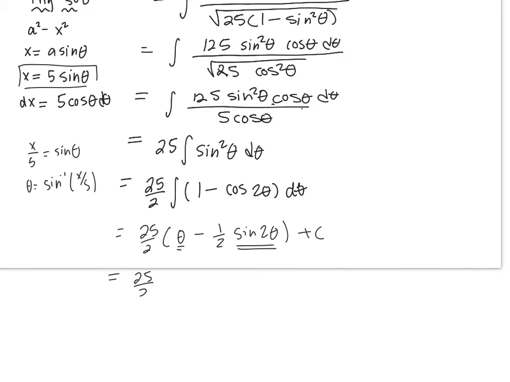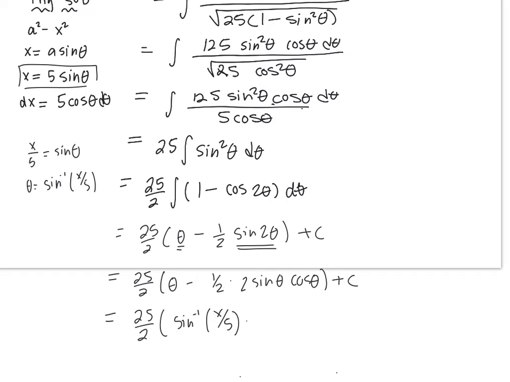You have to use this identity that sine of 2 theta is 2 sine theta cosine theta. And now this is 25 halves times sine inverse of x over 5 minus sine of theta, which is equal to x over 5.